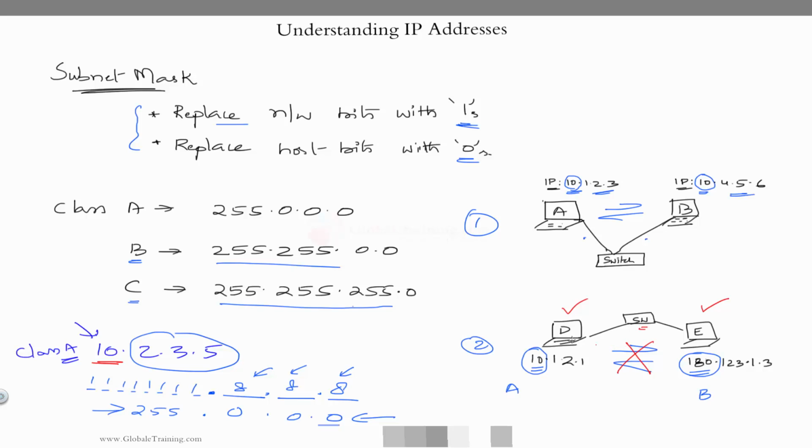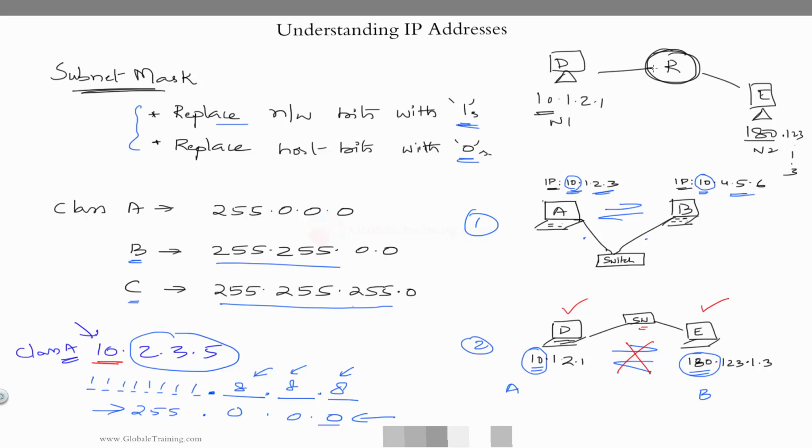In order to address this situation, you would need a different kind of network. Let's say I'm going to put D here, with an IP address of 10.1.2.1. You need a router to be able to route the traffic. Because this is network 1, this is network 2, 180.123.1.3.